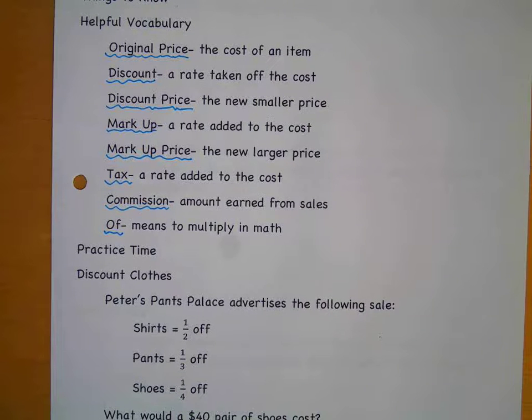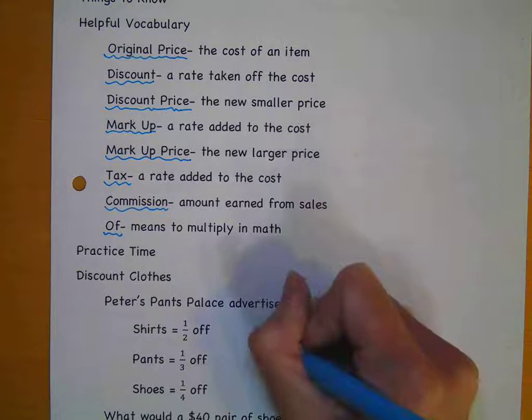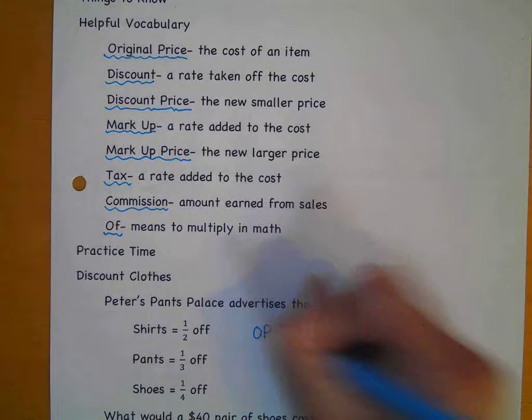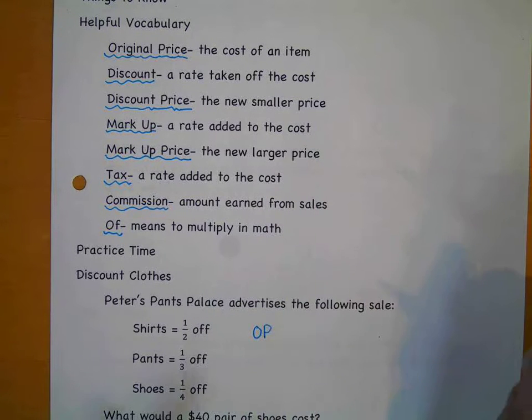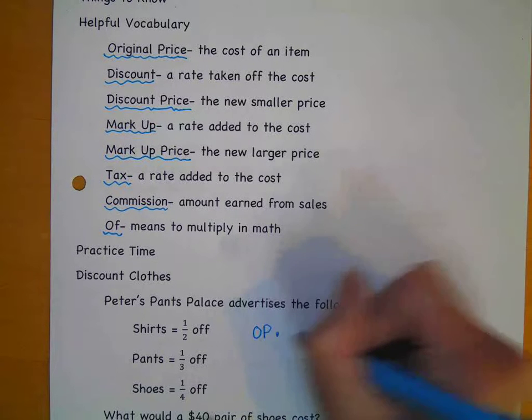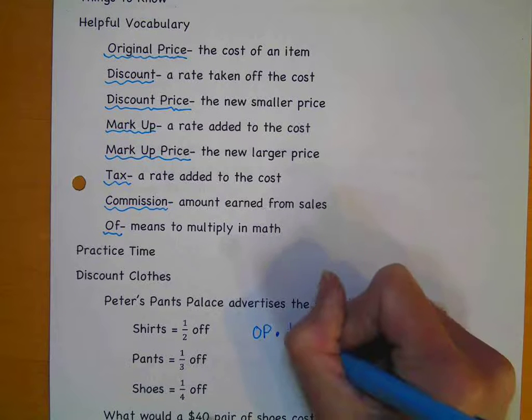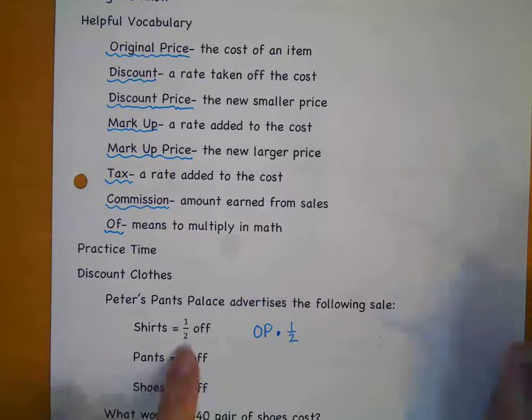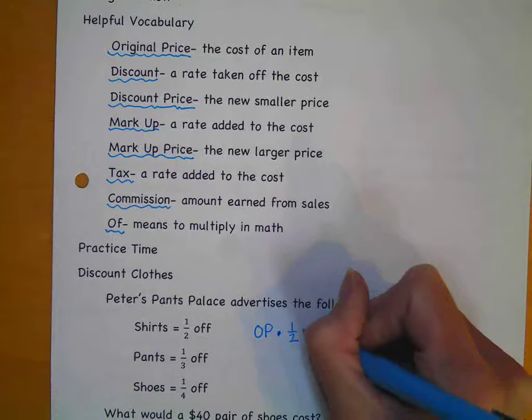So in this one, for the shirts, what this would look like is you're going to take the original price, OP, okay? Then you are going to multiply it by 1/2, because it says 1/2.